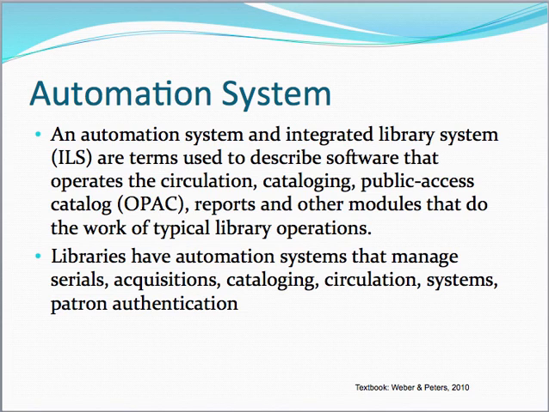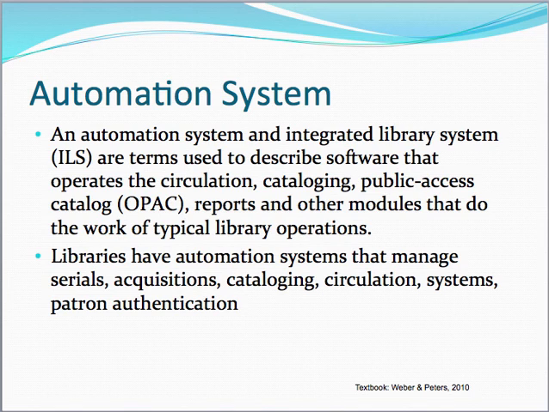There was internet, of course, but there were no OPACs, online public access catalogs. So the catalog was a piece of furniture with index cards, and there you could see what the holdings of the library were. Now we have digital catalogs and we have online catalogs, and that's part of the integrated library system. So things have improved very much with the technology in the last 30 or so years.